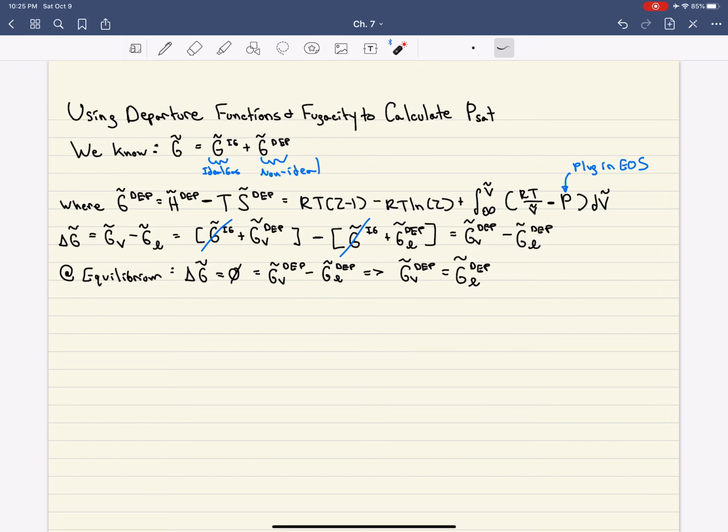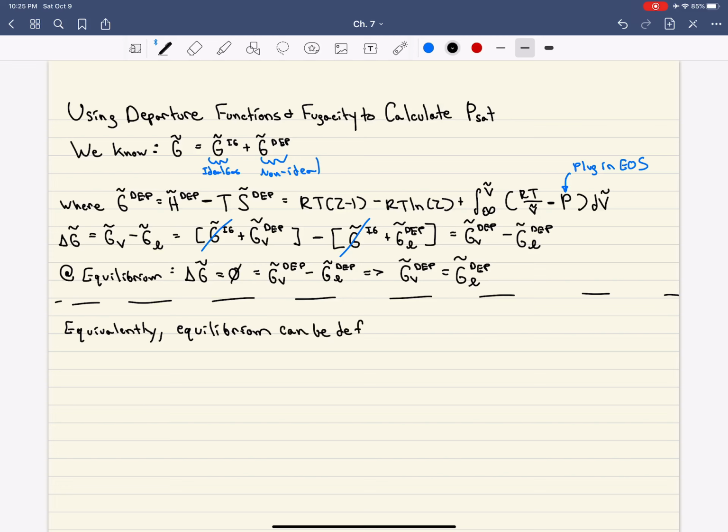But there's actually another approach that uses the departure functions that people follow. Instead of just looking at the departure functions themselves and setting them equal to each other, what people do instead is they calculate something known as fugacity. Equivalently, equilibrium can be defined in terms of fugacity.